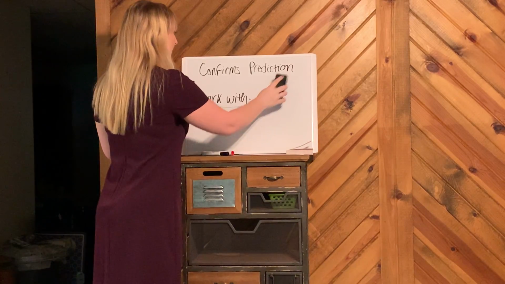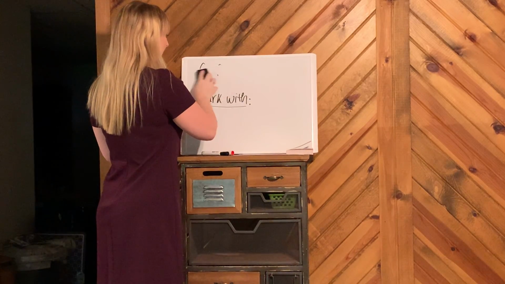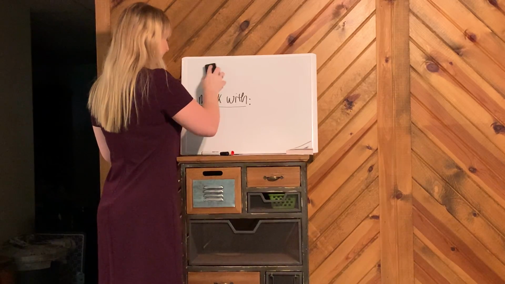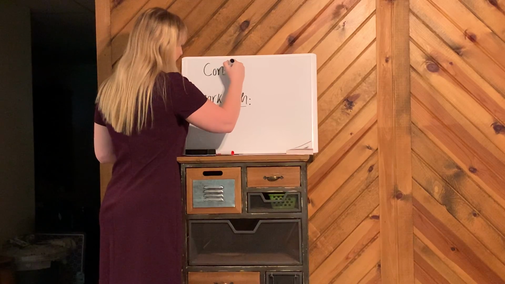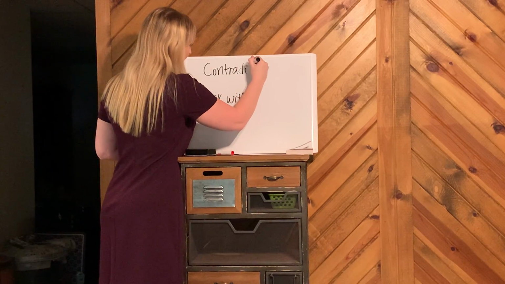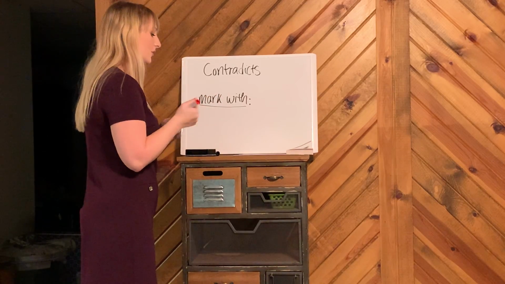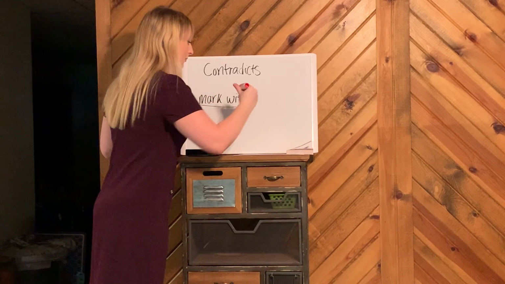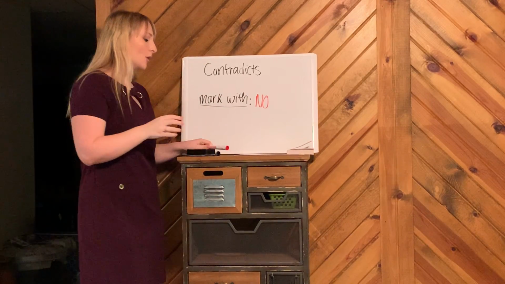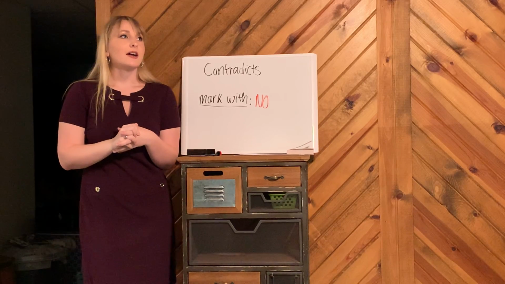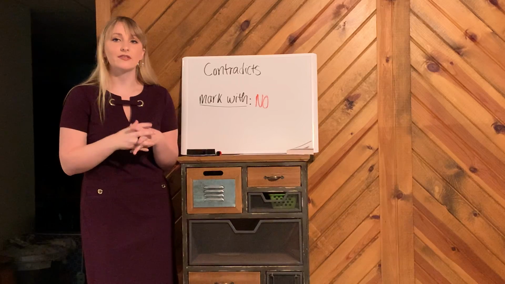And then there is contradicts a prediction. And with contradicts a prediction, you are going to mark that with a giant no. So let's say you marked a passage that made you think that Romeo was still going to live after everything that happened.